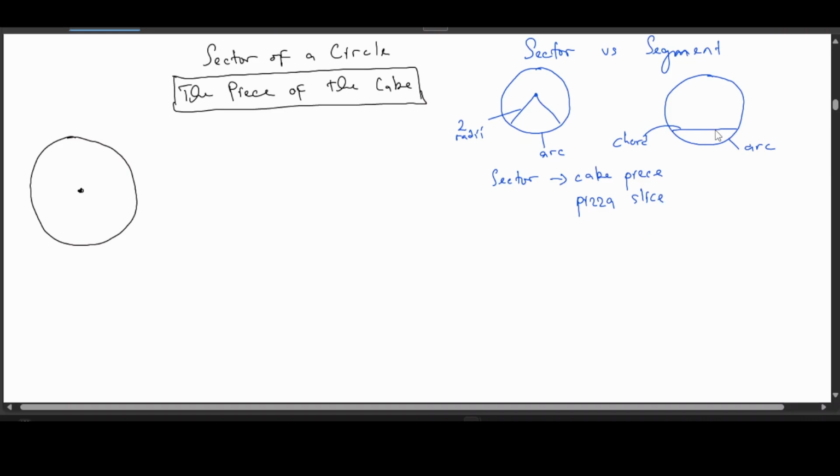When we slice our cake, we take this piece, and this piece is what is called a sector. So from now on, when you go into Pizza Inn and you want to treat yourself to some nice pizza, know that it's a sector you are eating.